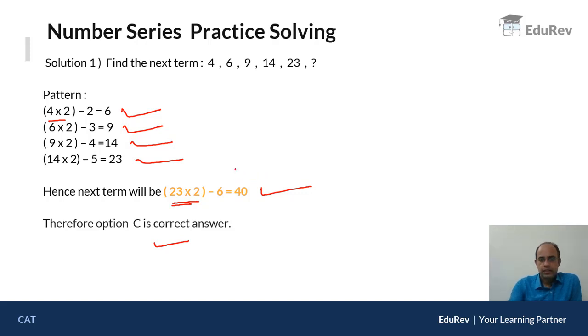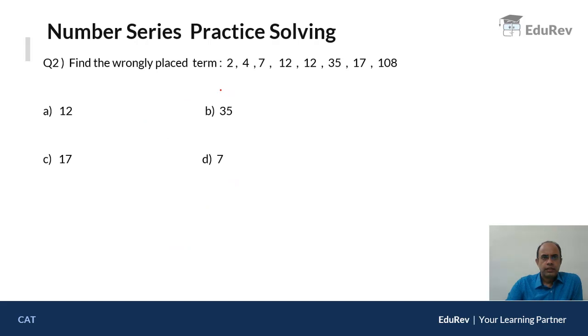Fine, guys. Now, the second type of question I asked you, where a set of numbers are given to you. Out of this, one number is odd man out or wrongly placed. You need to find the term which is wrongly placed or the odd man out. Fine.